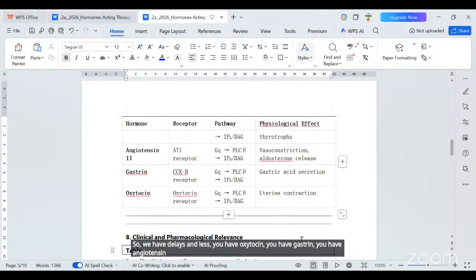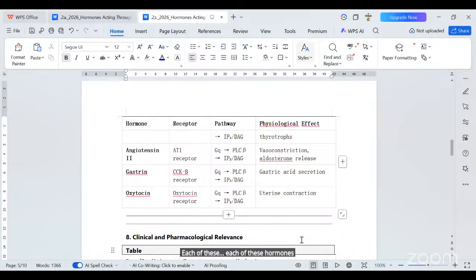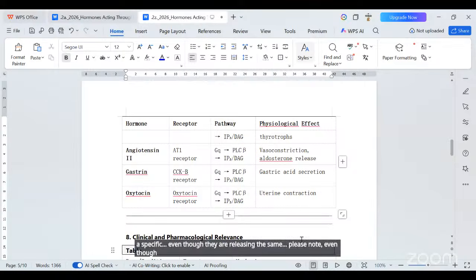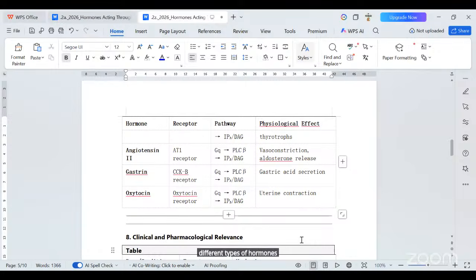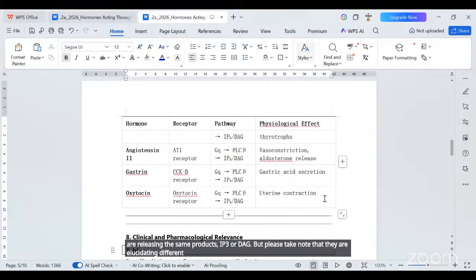Each of these hormones is specific, even though they are releasing the same product. Please note, the significance of the table is trying to tell us that even though different types of hormones from different parts of the body are releasing the same product, IP3 or DAG, they are eliciting different physiological effects.